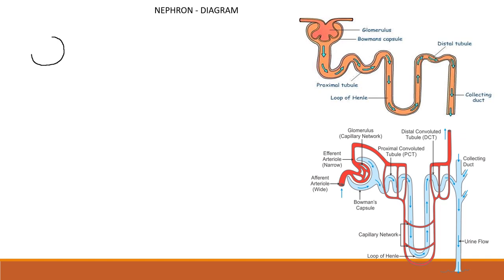This is the inner part of the Bowman's capsule, and then you have to make it a cup shape. And here I'm going to leave it because I have to make the outer part of the Bowman's capsule also. So here our Bowman's capsule is ready, right? Then I will first draw the proximal convoluted tubule.